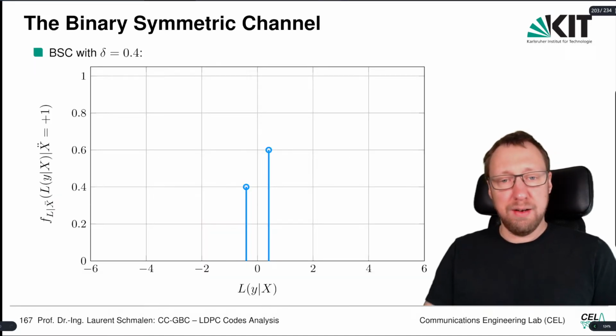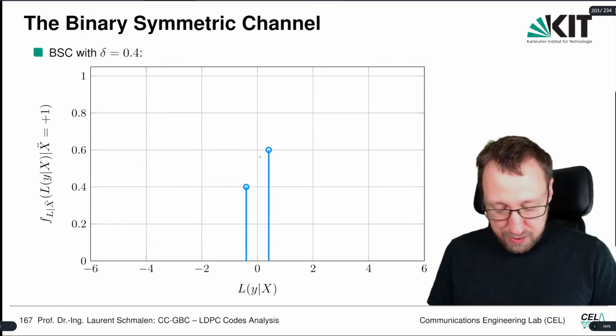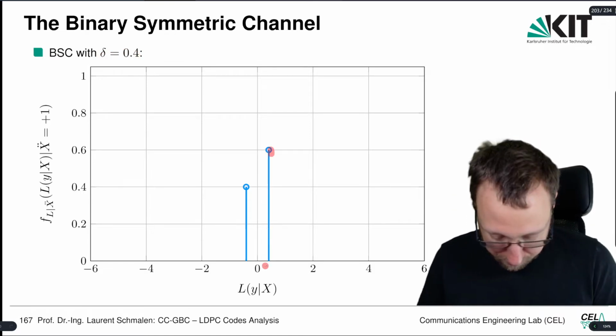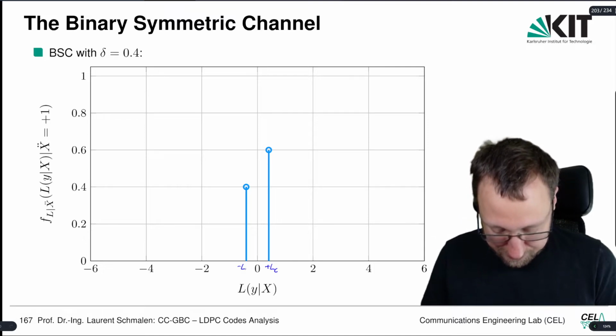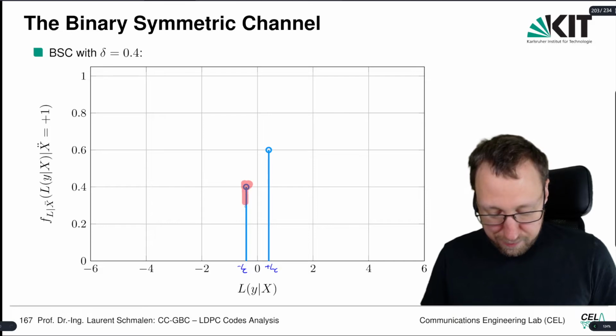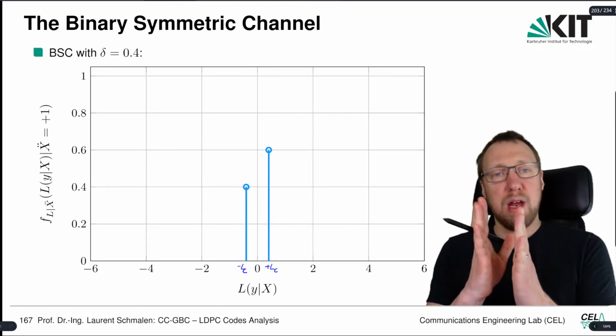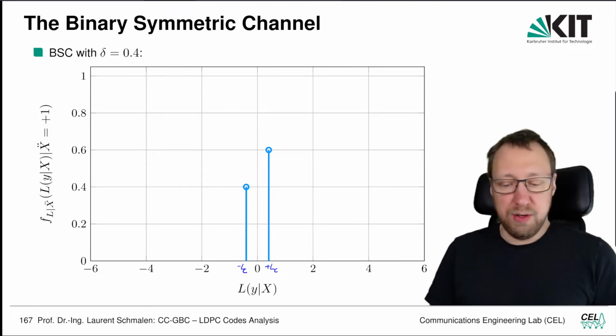So let's take a look at how this looks. For different deltas, if delta is large, we have a Dirac at plus L_C, and this would be minus L_C, and we have another quite large Dirac at minus L_C. You see they are very close together, and from the height, they are also pretty close to each other.